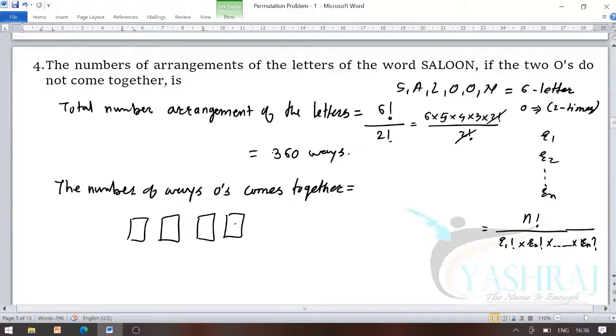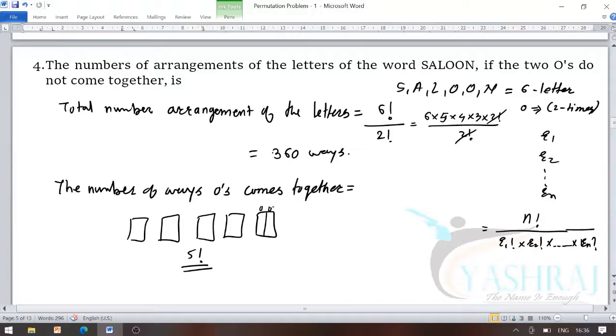That means now we have only 5 vacant places, and within them, if the O's come together, we have one compartment where there is the arrangement of O and O. So it can be done by 1, 2, 3, 4 and 5. So we have 5 factorial ways because there are 5 vacant places now, and within one compartment we have the places for 2 O's.